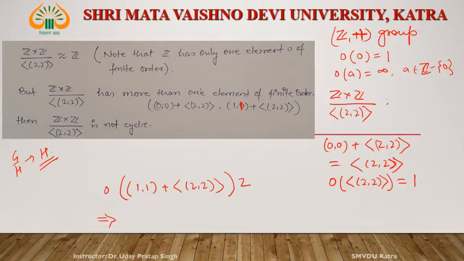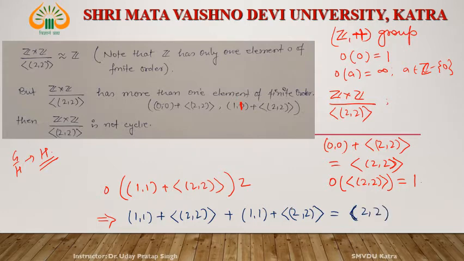Why? Since (1, 1) plus H plus (1, 1) plus H is (2, 2) plus H, and what is this? This is 0, sorry, identity. 0 means identity.